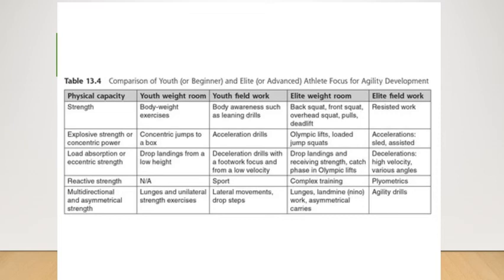For instance, with a, quote unquote, beginner or younger athlete, maybe they have good strength and they've already had experience with body weight exercises, but the field work, agility work, they're just not there yet. They could use some forms of external resistance then to strengthen themselves. They don't have to be confined to body weight exercises for that purpose.